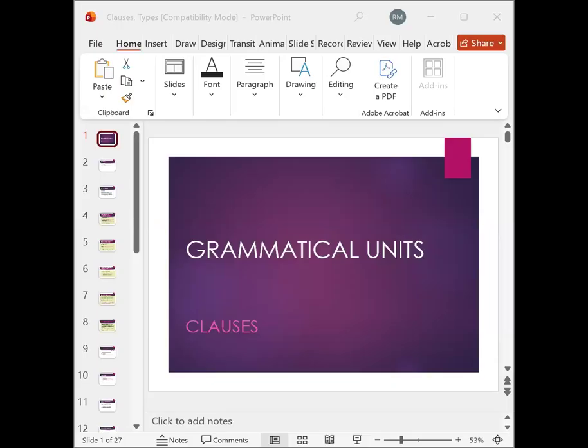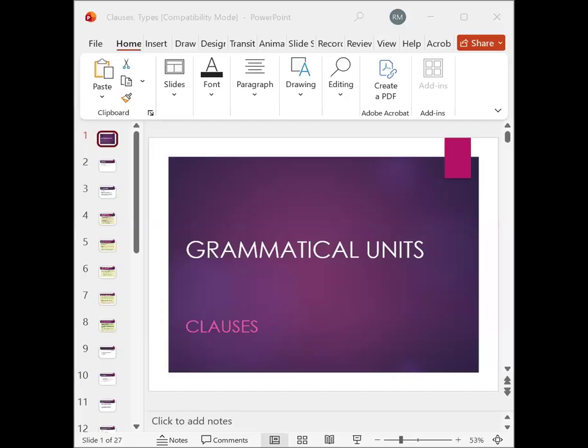Just as we saw for the phrases, that there are types of them, clauses are also categorized into types. And the types represent the various major word classes that we saw.